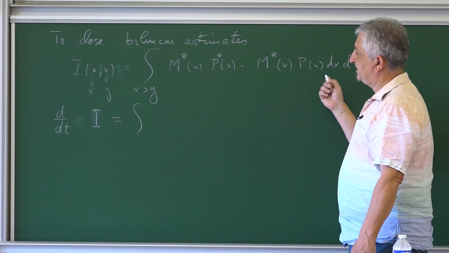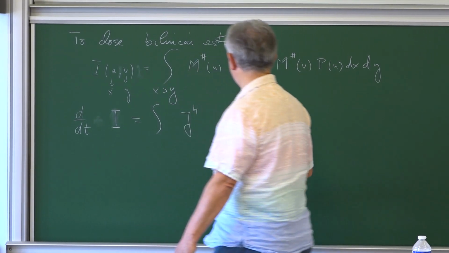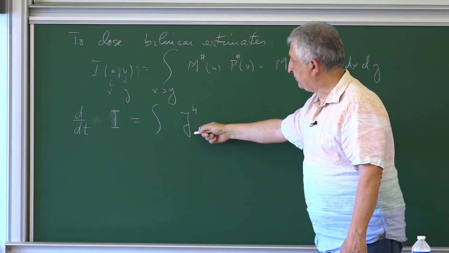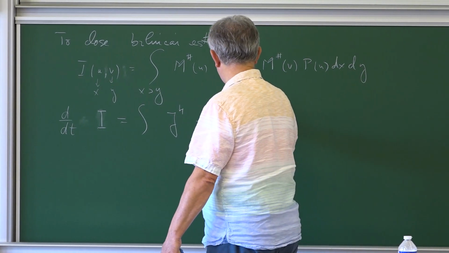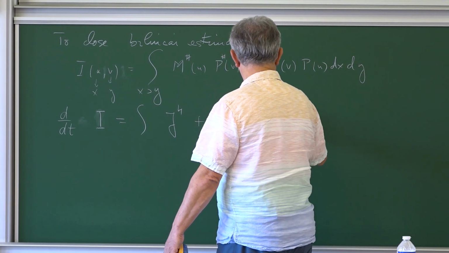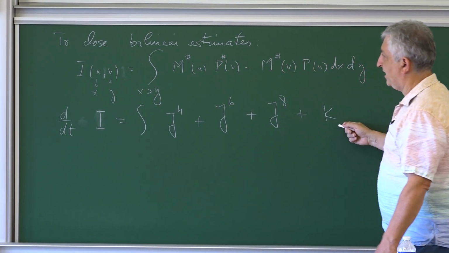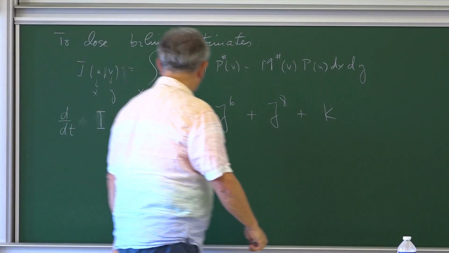If you do the analysis at the linear level, you get a 4 linear form, because you have 2 entries here, so this is 4 linear. So your leading contribution will be 4 linear. And then we have a 6 linear term, and then we have an 8 linear term, and then the error k, which is generated by the source terms.